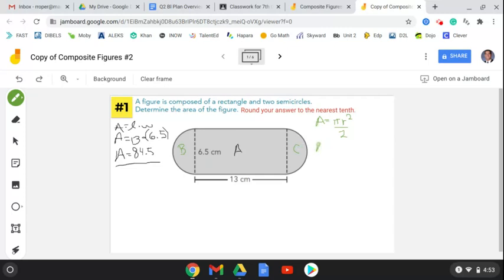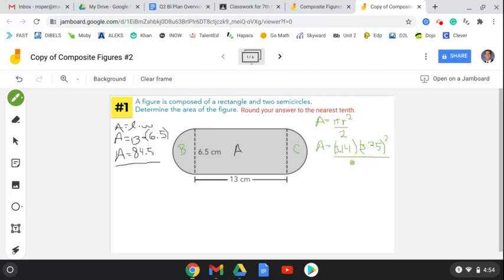Okay, so over here in the green, I'm going to find the area of this semicircle. So area equals, I'm plugging in 3.14 for pi. Okay, my radius is 3.25, and I'm squaring the radius.